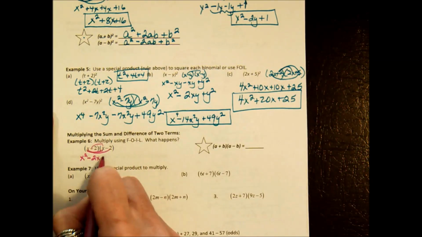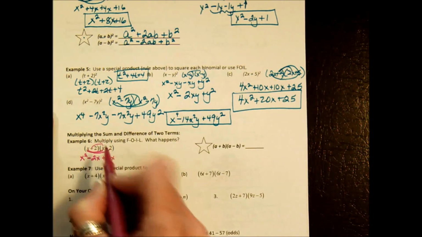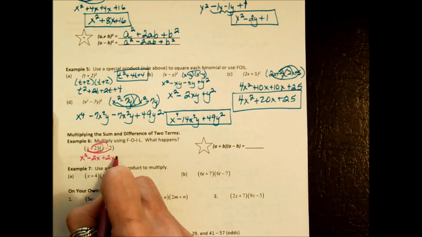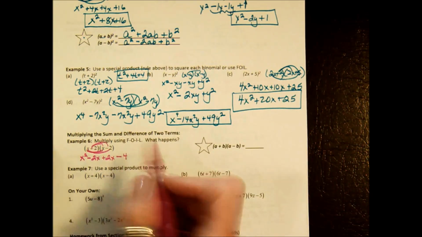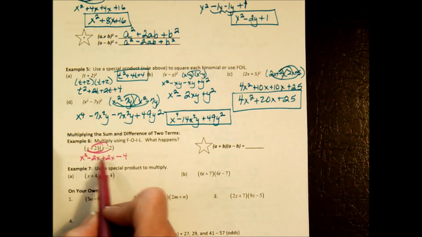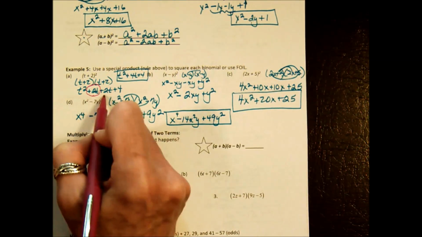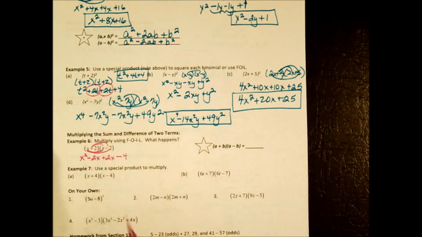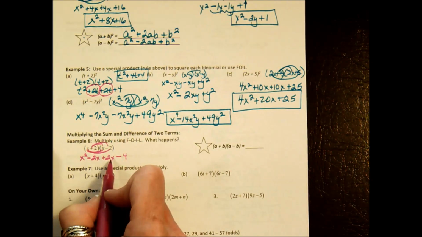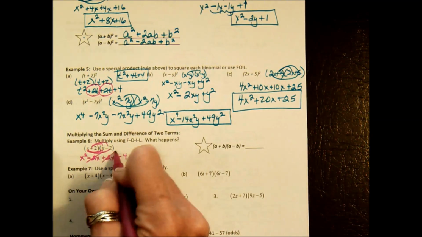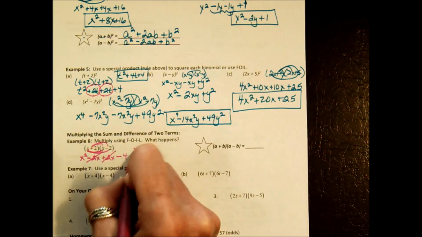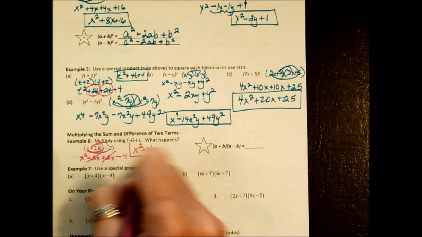Inside is plus 2x. And last is a positive times a negative is a negative. So my O and my I, rather than being the same as they were when we squared binomials, here they are opposites. So they zero out, and you end up with just x squared minus 4.